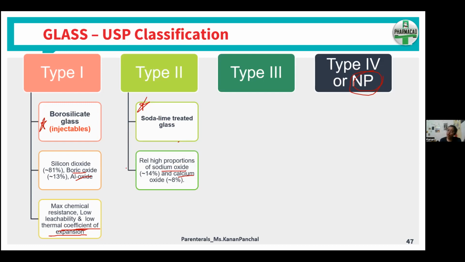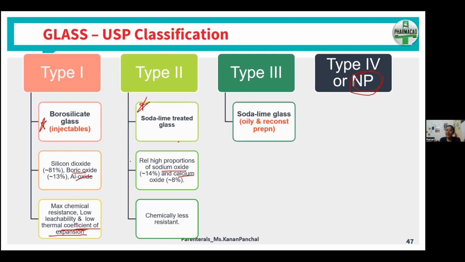Silicon dioxide is there, boric oxide will also be there, but I told you in type 1 there are some amounts of sodium and all of this. So here the proportion of these lesser quantities is a little more. You have more amounts of sodium and calcium oxide. That is why the possibility of leachability is also higher in type 2. So they are chemically less resistant.